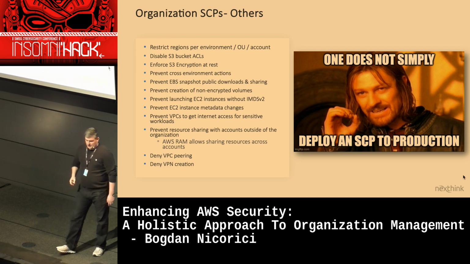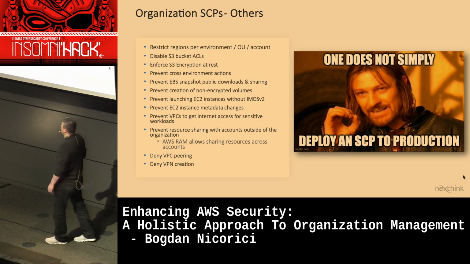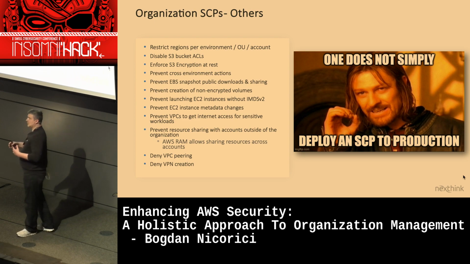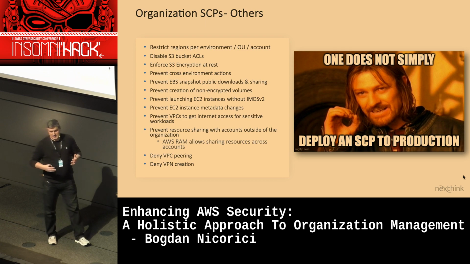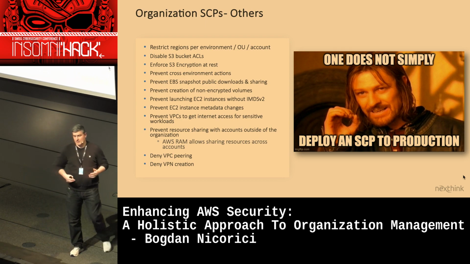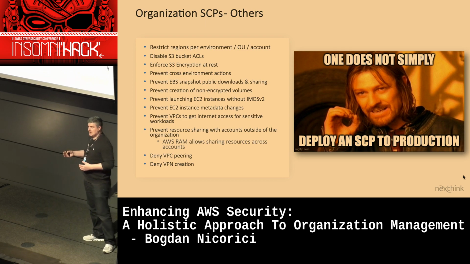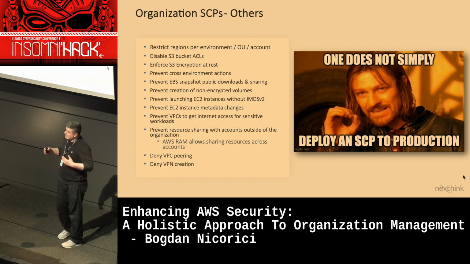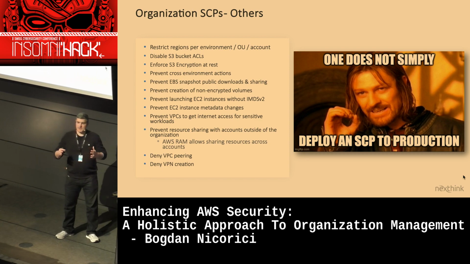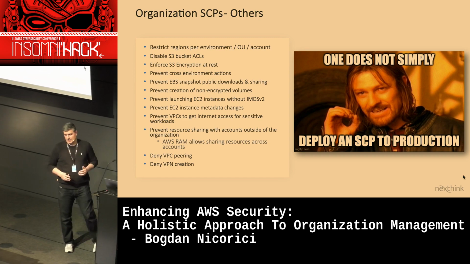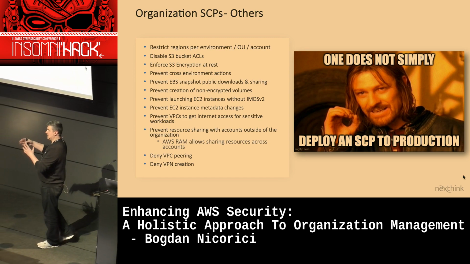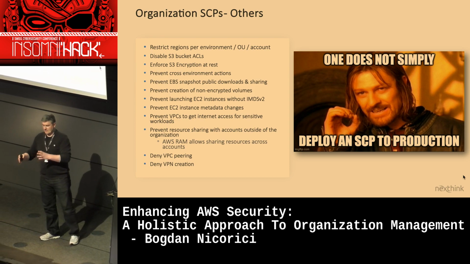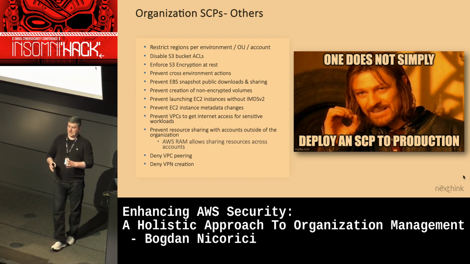Prevent VPCs from getting internet access for sensitive workloads. By default, when you create a VPC, depending on whether you do it through infrastructure as code or manually, you will have an internet gateway. And generally people always configure the VPC to go through the internet gateway. Since you have an organization and you can have workloads separated in different accounts, you can have an account that does all the networking part.